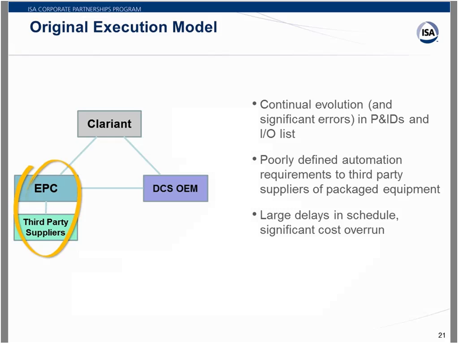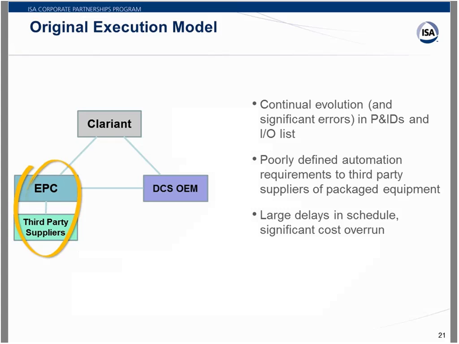So some of the challenges they were experiencing in this particular project, and this was early on in the execution phase. There was a continual evolution and a significant amount of errors present in both the P&IDs and the I/O list.